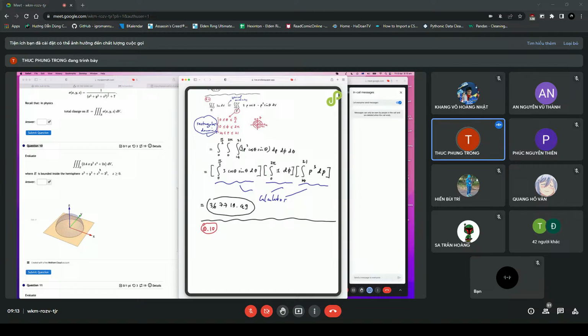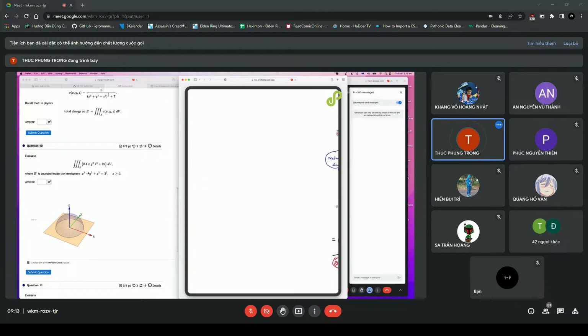What I'm going to say is we can use the symmetry property to save time, like we already saw in double integrals. Maybe I remind you what we had in double integrals, and then I show you what we had in this question. So a very quick review right here.